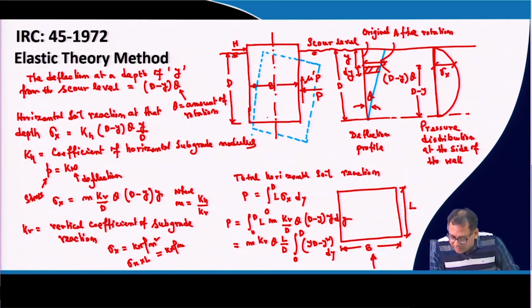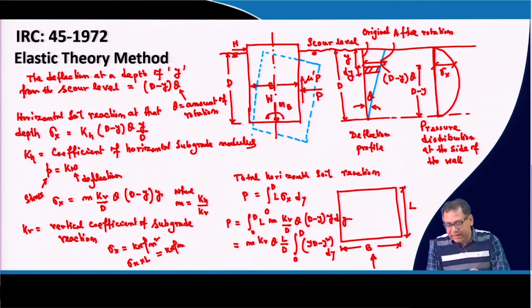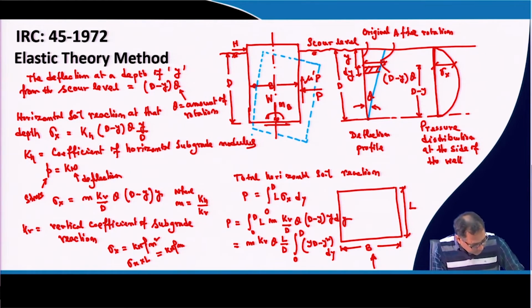Now, there will be M B also, the base moment, and W will be acting, and H will be acting and P will be acting. So, there will be friction at the base of the well also. That friction is mu into W. So, we have a friction.